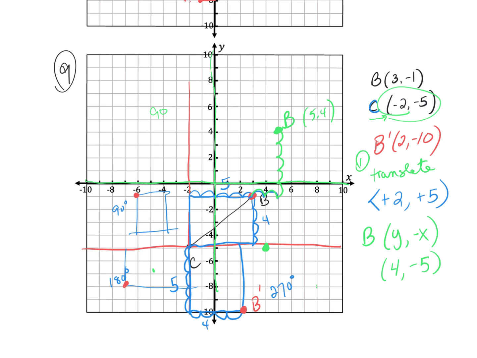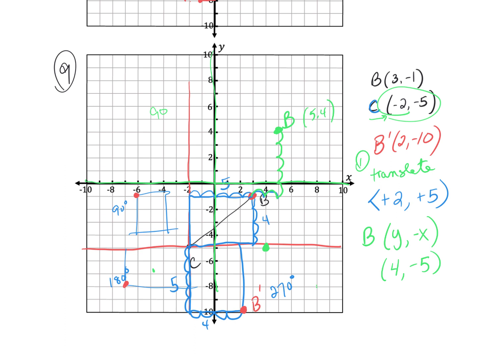So if I'm rotating around -2, -5, if I move my point 2 units and 5 units in the opposite direction, I'm now putting point B at the origin, essentially, as if it was in the origin.